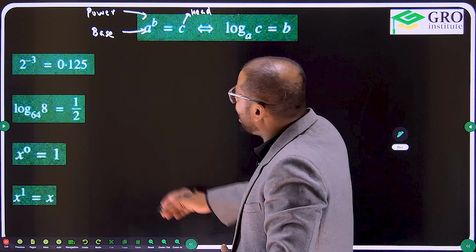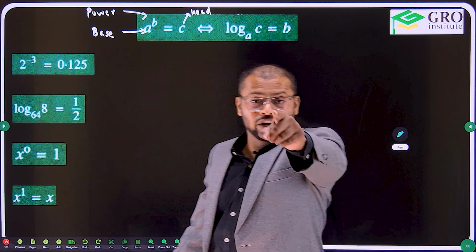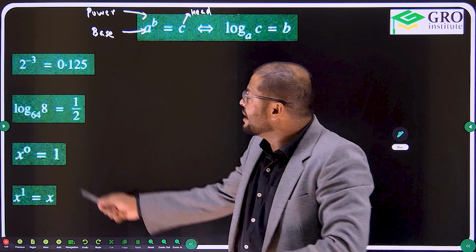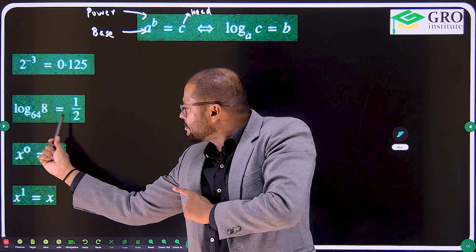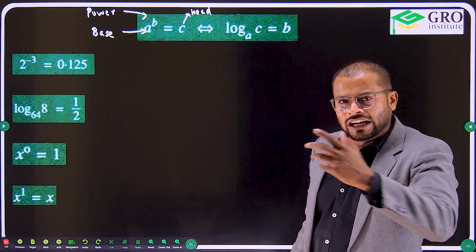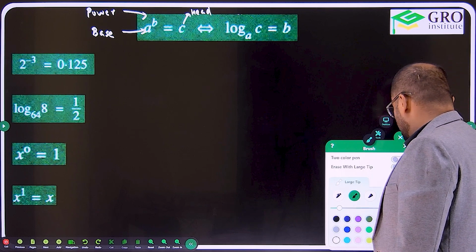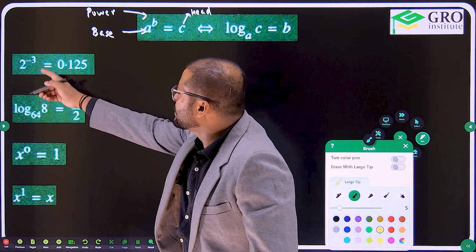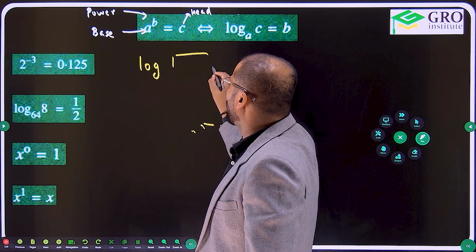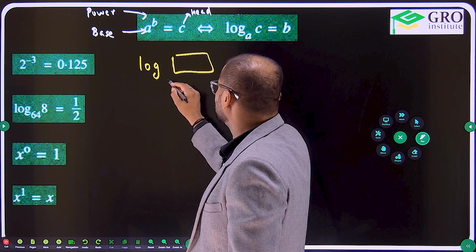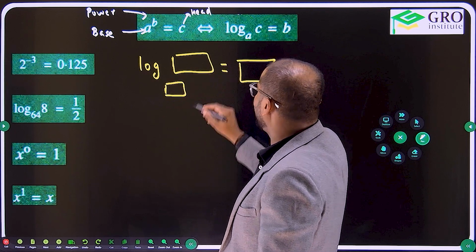Now, these are certain exponential forms and logarithmic forms, and your job is to convert exponential form into logarithmic form and logarithmic form into exponential form. So let's practice. 2 to the power minus 3. So first of all, the body is like this: this is your base and this is your head.